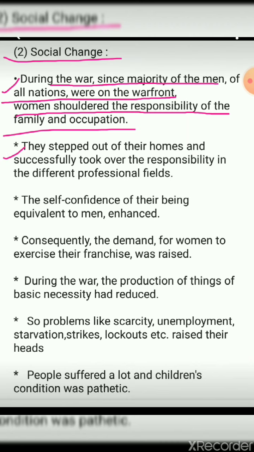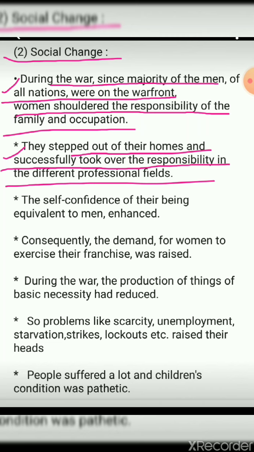Next, they stepped out of their home and successfully took over the responsibility in different professional fields. What they're saying is that they strongly took hold of their homes. They stepped out of their home and successfully took responsibility of their family, and they were also successful in different professional fields.